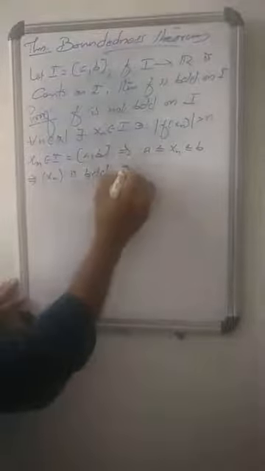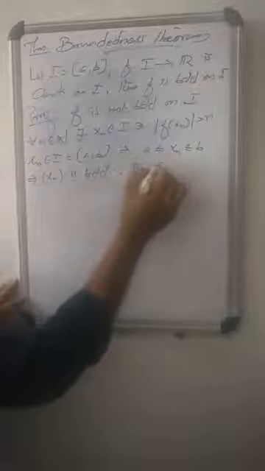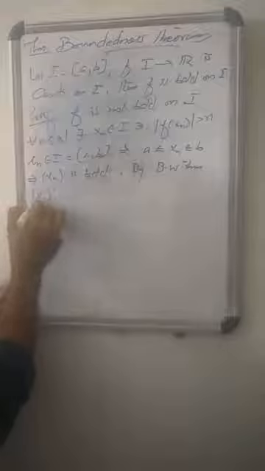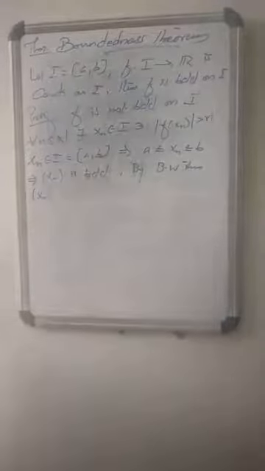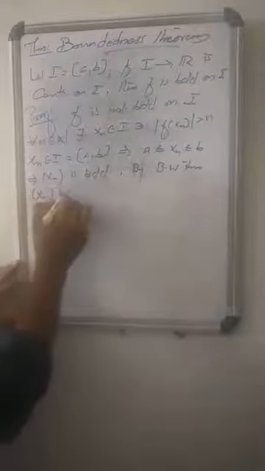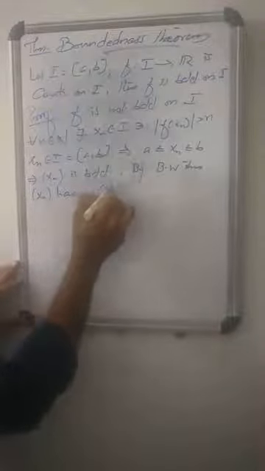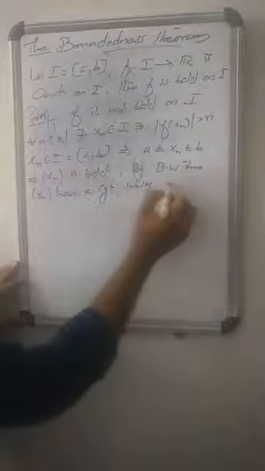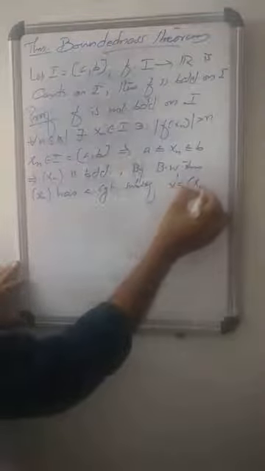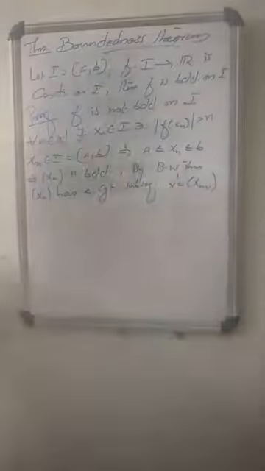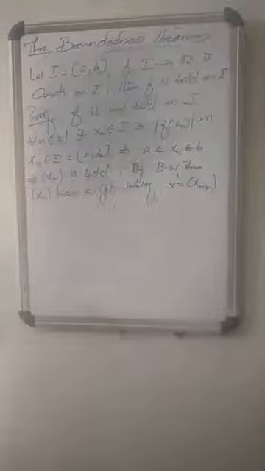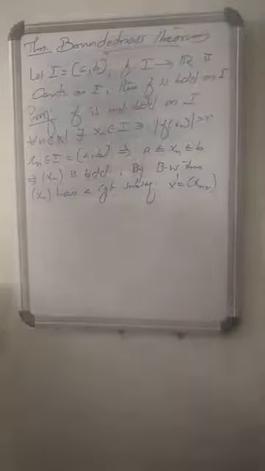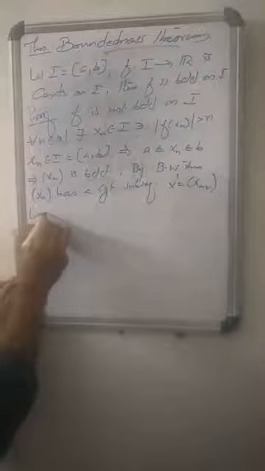By the Bolzano-Weierstrass theorem, the sequence x_n is bounded, therefore the sequence x_n has a convergent subsequence. So let it be x dash, x dash equals x_{n_r}, a convergent subsequence of this x_n.